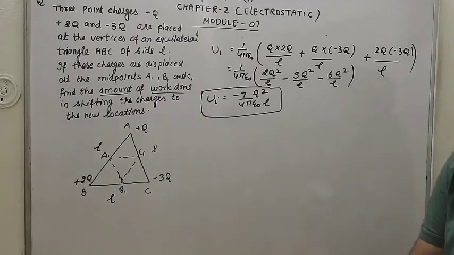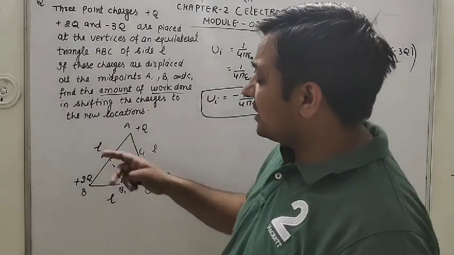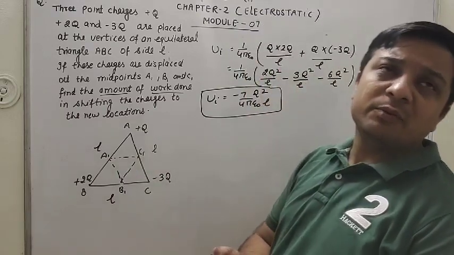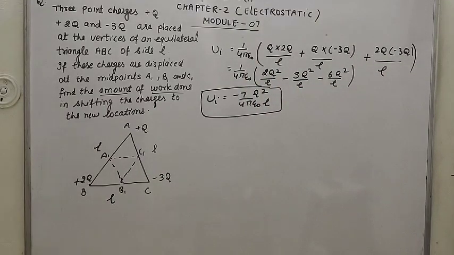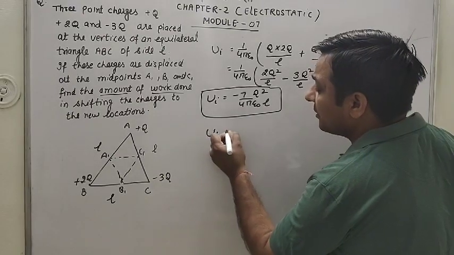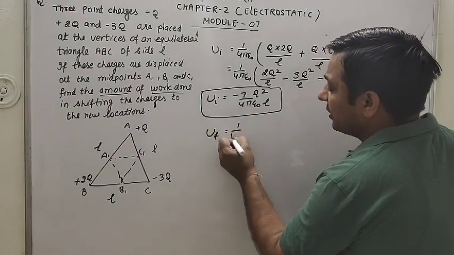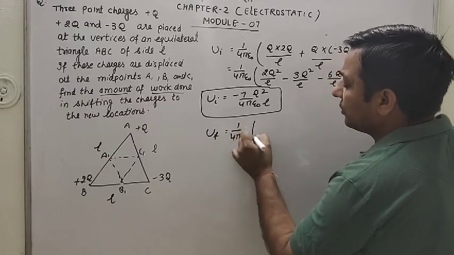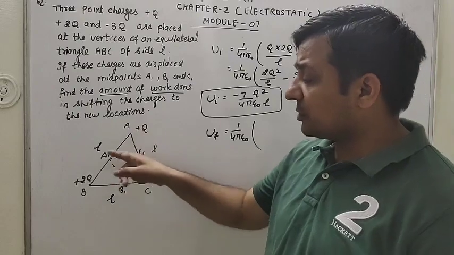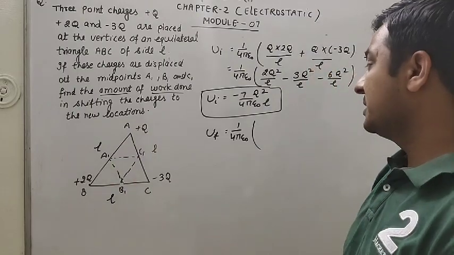Now, by bringing these charges to the locations A1, B1 and C1, what will be the final energy? That will be U final, also 1 by 4 pi epsilon naught. When we bring the first charge, no work is done.